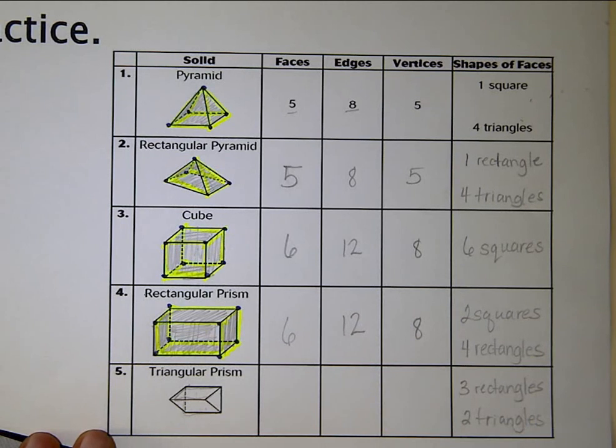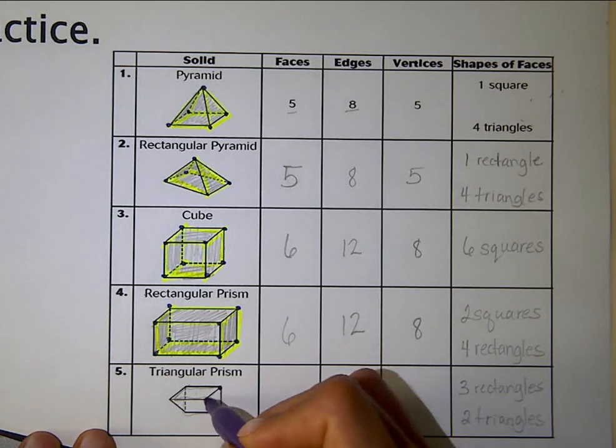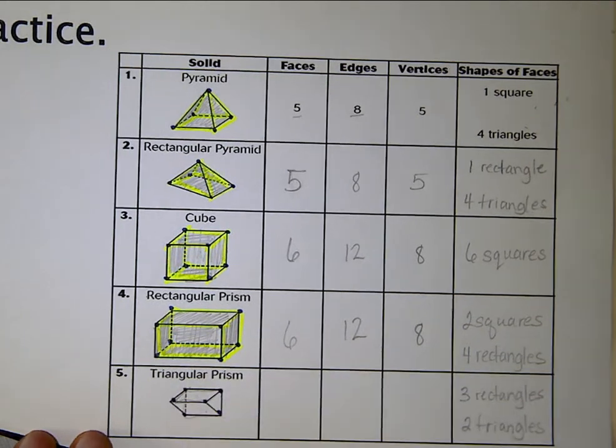Alright, so let's go ahead and count the vertices. 1, 2, 3, 4, 5, 6. 6 vertices.